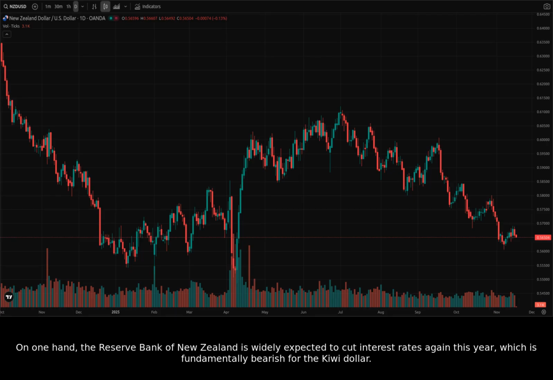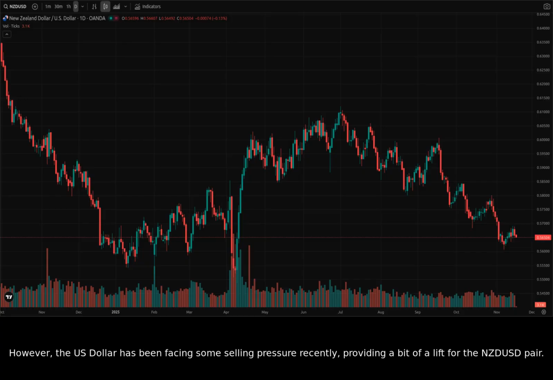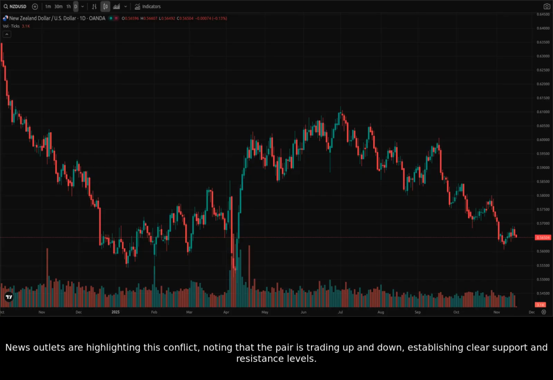First, let's talk about the fundamental picture, which appears to be a bit of a tug-of-war right now. On one hand, the Reserve Bank of New Zealand is widely expected to cut interest rates again this year, which is fundamentally bearish for the Kiwi dollar. However, the US dollar has been facing some selling pressure recently, providing a bit of a lift for the NZDUSD pair. News outlets are highlighting this conflict, noting that the pair is trading up and down, establishing clear support and resistance levels.